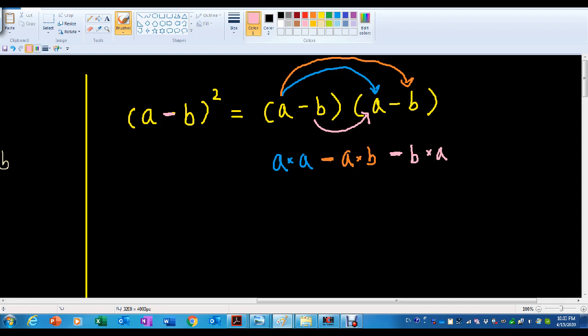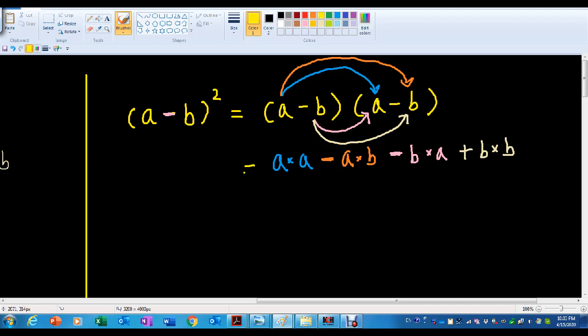Okay, and the last one is what we call L, the last. It's the second term in the first bracket times the second term in the second bracket. So this one's minus b times minus b. So negative times negative becomes positive.